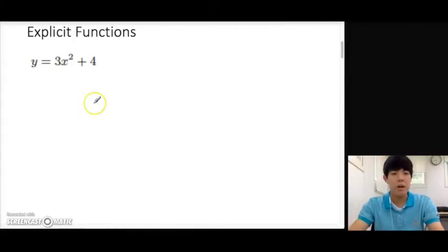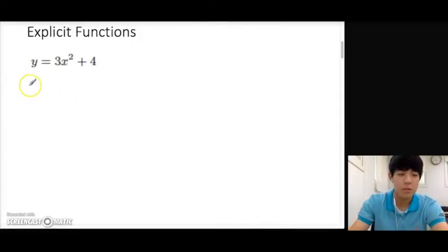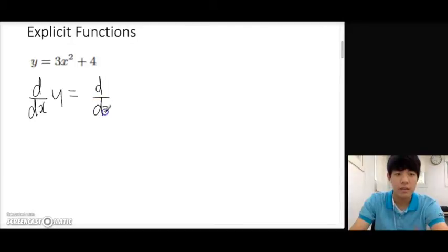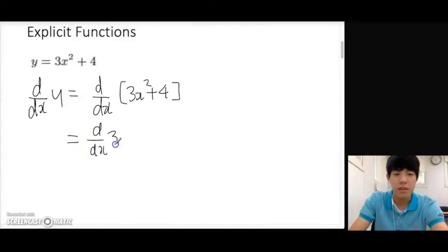As we learned in the power rule, taking the derivative of this function, first we take d/dx of both sides: d/dx of y equals d/dx of 3x squared plus 4. Now we can divide this into two parts: d/dx of 3x squared plus d/dx of 4.